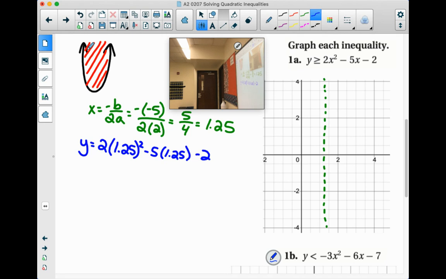All right, 1.25 squared is 1.5625. Times 2 is 3.125. 5 times 1.25 is 6.25. Minus 2 is, that's -6.25.